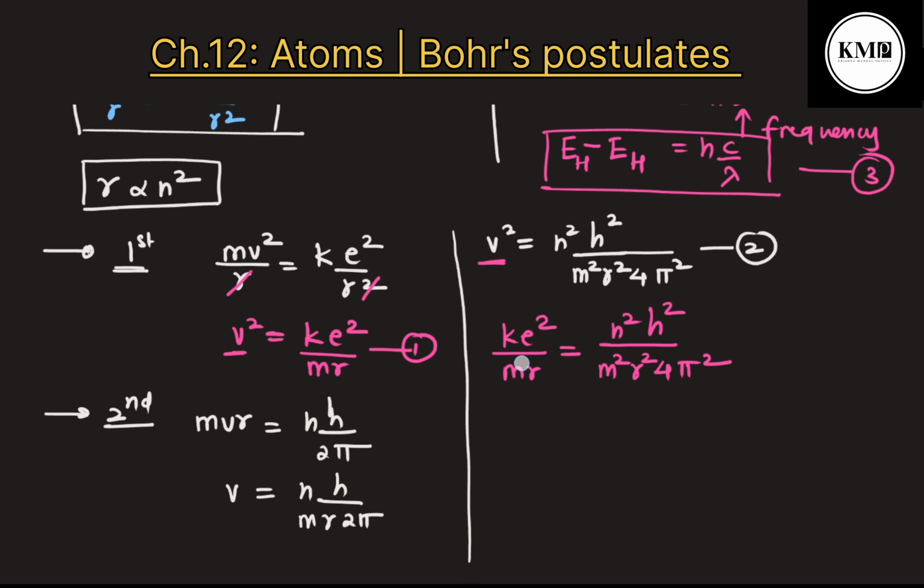Here one m gets cancelled, one r gets cancelled. So your final answer is k e square is equal to n square h square upon m r 4 pi square. Now what I can do? I can transfer r to the left hand side.